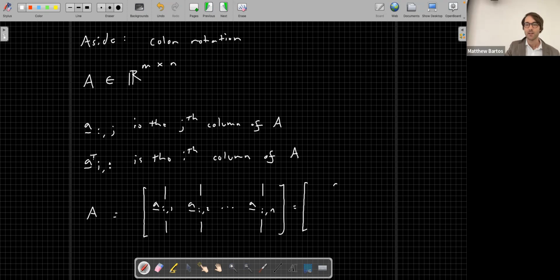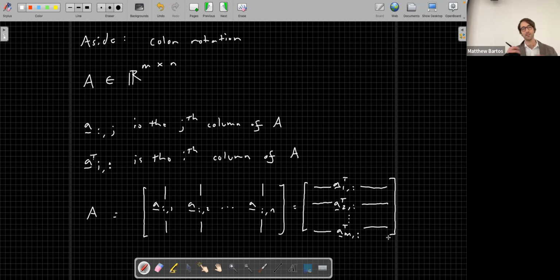So this will be A1 colon transpose, A2 colon transpose, and so on all the way to AM colon transpose. This is just a notational convention that we'll be using to describe matrices.